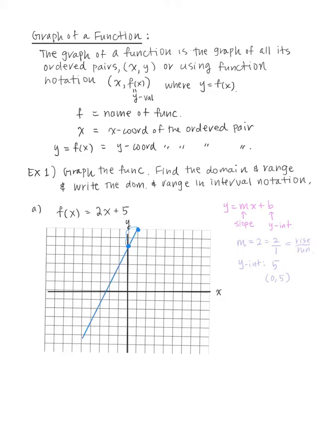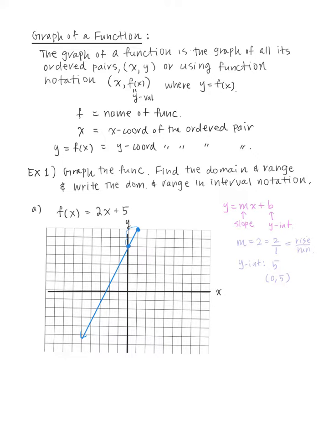Okay, it looks good. So this is the graph of f of x equals 2x plus 5, or y equals 2x plus 5. Now let's go with the domain and range. Let's recall that the domain is the set of x values where the function is defined.